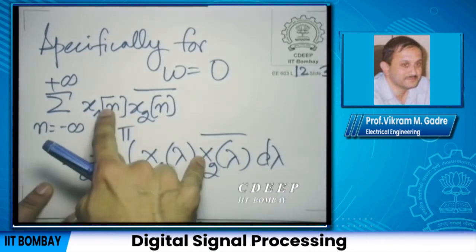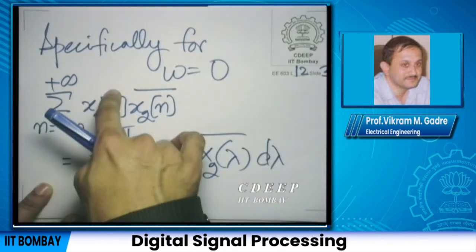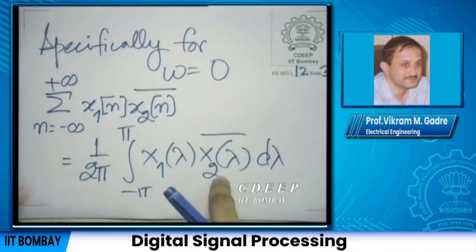You could think of the vectors represented in their natural domain, or you could think of the vectors represented in the frequency domain. The dot product is unchanged. And of course, in the frequency domain, the dot product is defined in this way. You need to multiply corresponding points on the frequency axis and integrate over all these points instead of add, because the frequency variable is continuous. So, it is a very elegant and simple interpretation once you think about it.